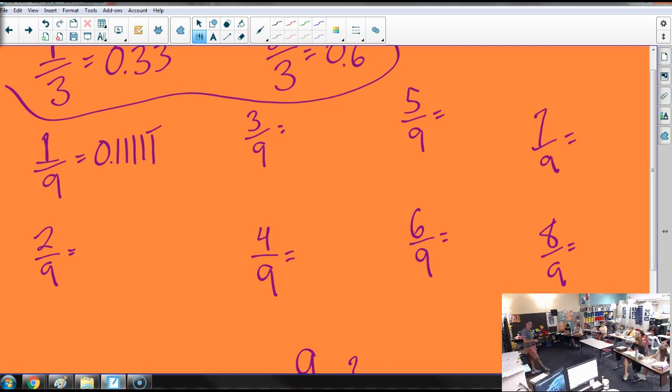Molly, what do you get with 2/9? Just type in the division right now. 2 divided by 9, and then hit enter. What do we get? You get 0.22. Eric, what about 3/9? Can I assume that it's going to be 3 repeating? Now let's not call that an assumption.